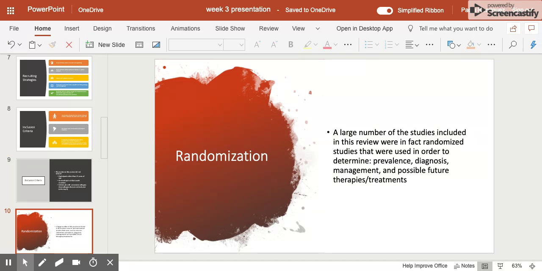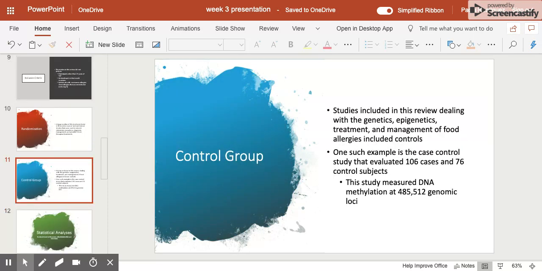A number of the studies that were included in this review were randomized studies that were used in order to determine prevalence, diagnosis, management, and possible future therapies and treatments. Studies that dealt with genetics and epigenetics, treatment and management of food allergies included controls versus variable groups. One example is a case control study that evaluated 106 cases and 76 control subjects.